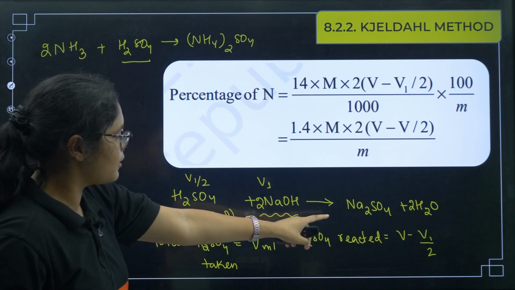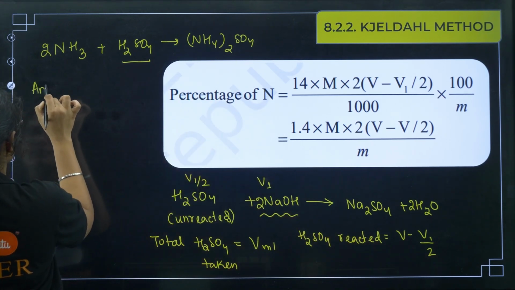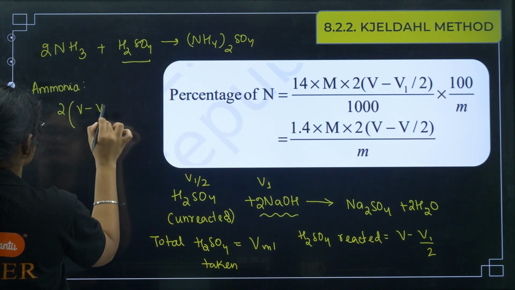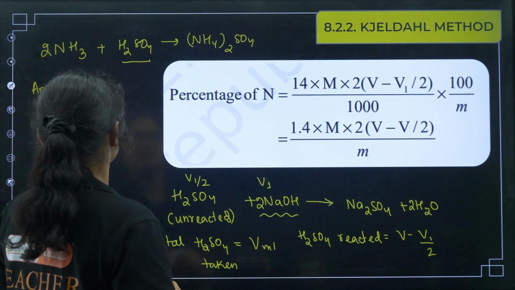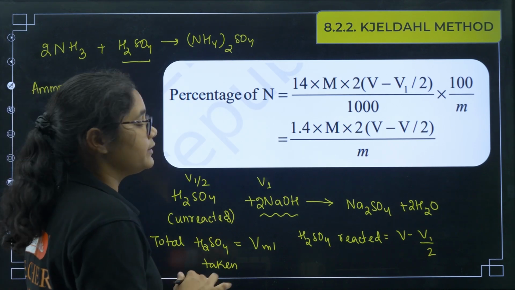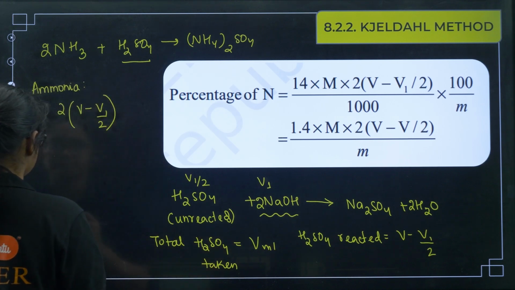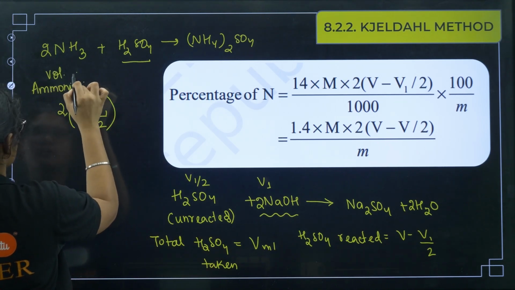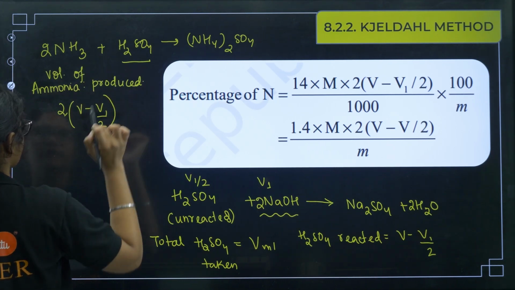So the ammonia present will be twice of V minus V1 by 2. Now we can calculate the percentage of nitrogen. This is the volume of ammonia produced, clear?